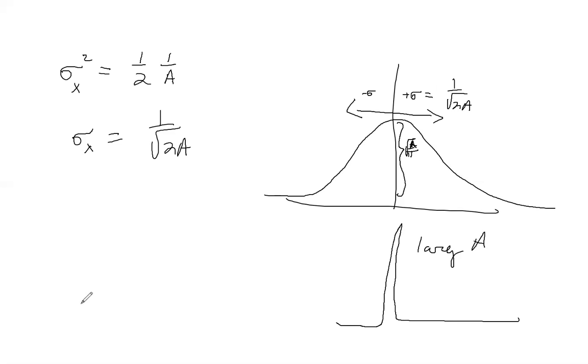And for small a, it's very shallow. And that kind of makes sense because if all the probabilities have to add up to 1, if it's very wide, it has to be short, and if it's very tall, it has to be narrow. And that's how you can interpret those.